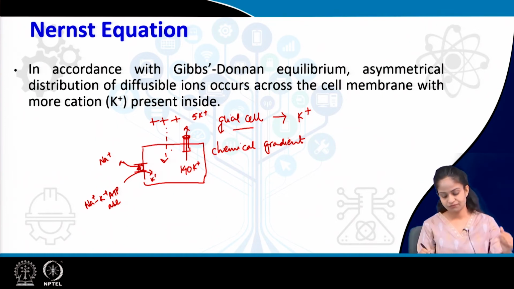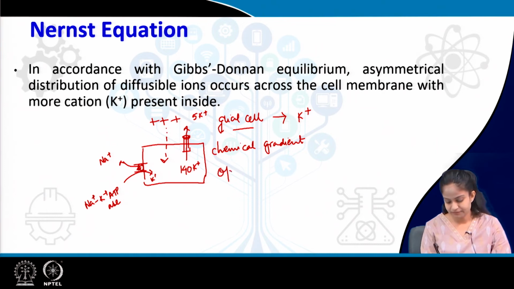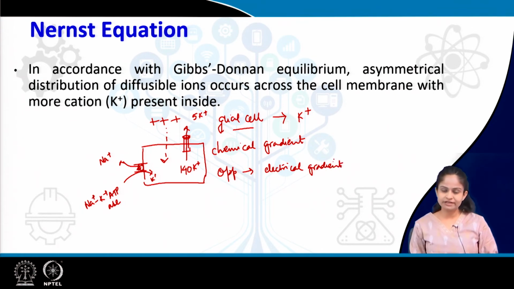This opposing force is nothing but the electrical gradient. So, these opposing forces, the electrical gradient, which causes movement of ions from outside to inside, and the chemical gradient, which causes movement of ions from inside to outside, will continue till equilibrium is reached.